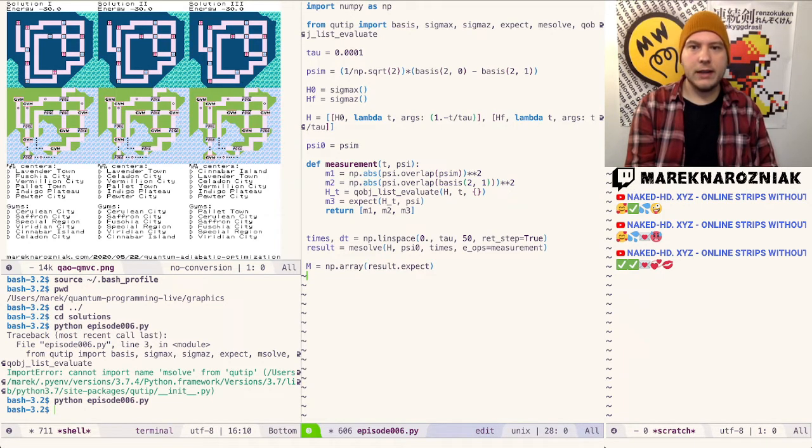Let's take the transpose of this, and then we do ms0, measurement 0, ms1, which is the expectation value of 1 for every time step, and finally the energy, which I will call ms2.